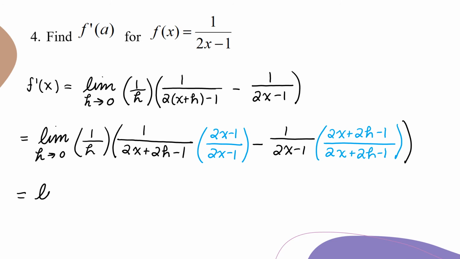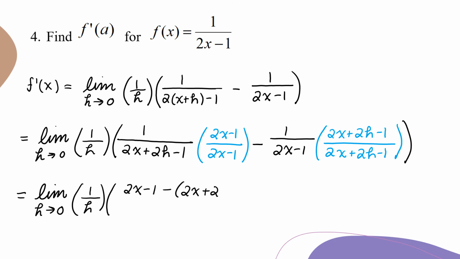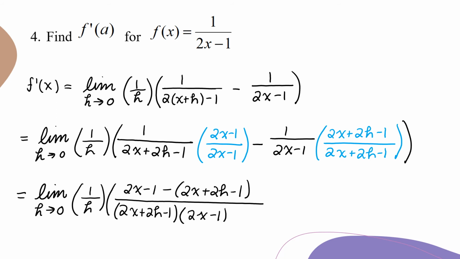And this is equal to the limit as h approaches 0 of 1 over h times 2x minus 1 minus 2x plus 2h minus 1, all over 2x plus 2h minus 1 times 2x minus 1, my common denominator. And now I'll have some terms that subtract out.